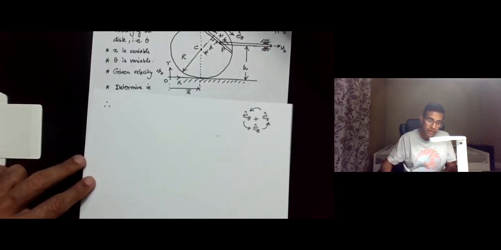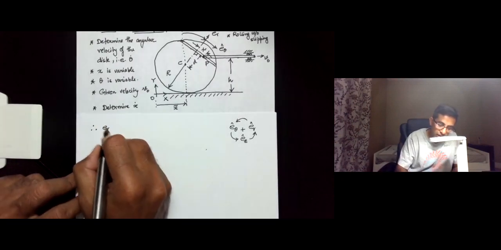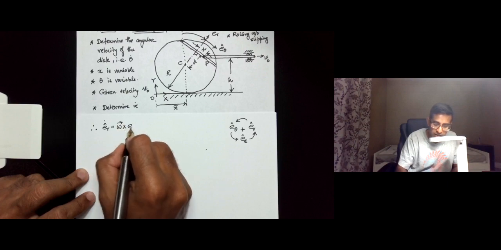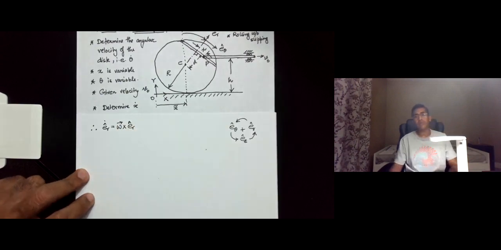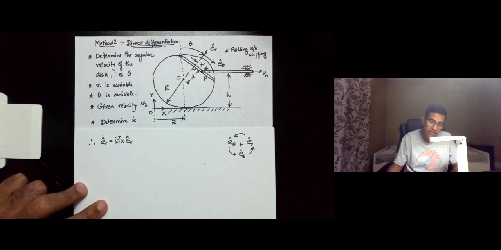So let's derive the expressions for those two. ER dot is omega cross ER. This is a fundamental equation. As we have discussed earlier, the rate of change of a unit vector is equal to the angular velocity cross the unit vector itself.